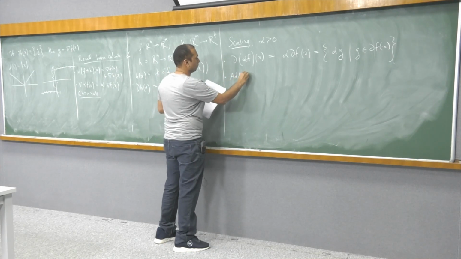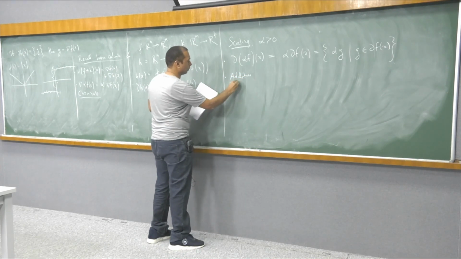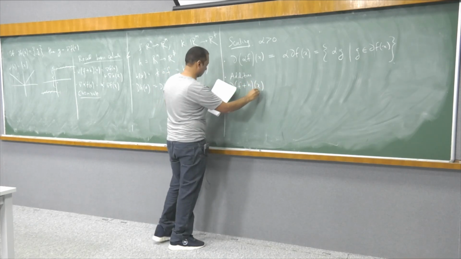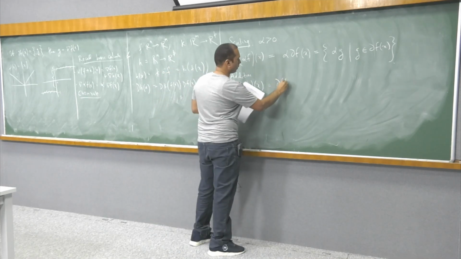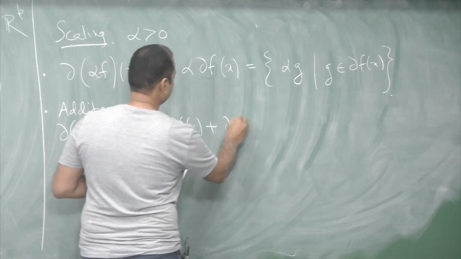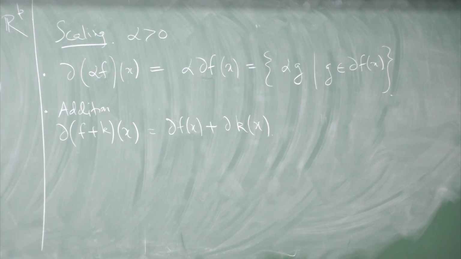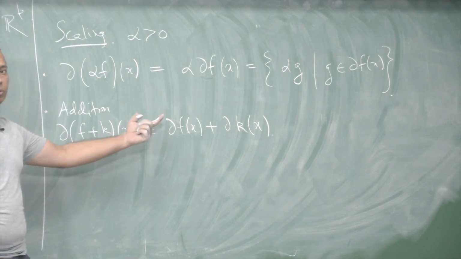Addition, so subdifferential of the sum, subdifferential of f plus k at x is subdifferential of f at x plus subdifferential of k at x. So there was no problem. It seems like I can add two functions, and as a set, okay, remember all these guys are sets, as a set they are equal. Okay.